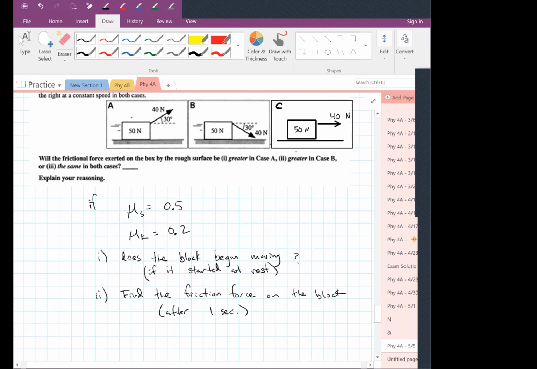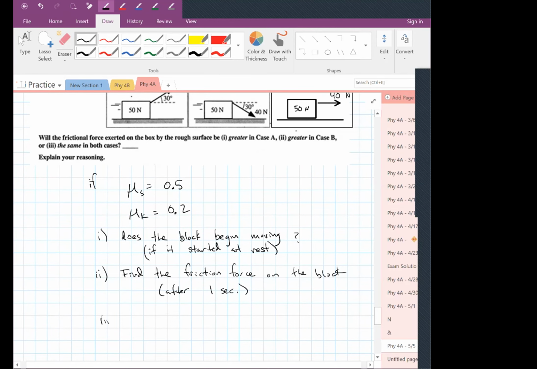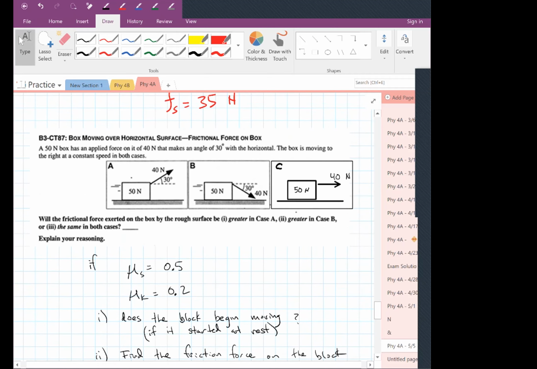And number 3, find the acceleration. Okay, so there were 2 here.